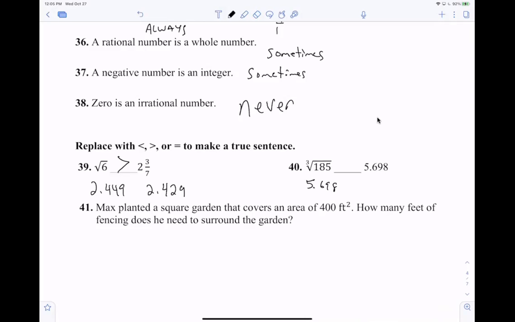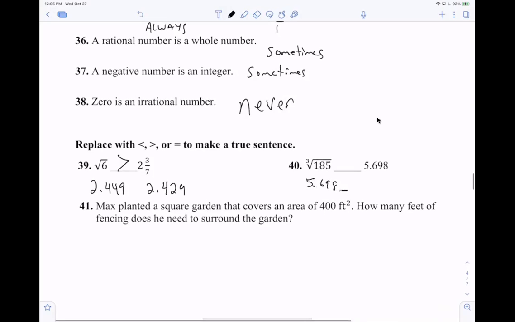It was exactly 5.698. The cube root of 185? No, it's not equal. It has numbers after, a lot further after. So it's greater than. Look at it again. You see what I'm saying, right? As long as there's another number after that, then that's greater.